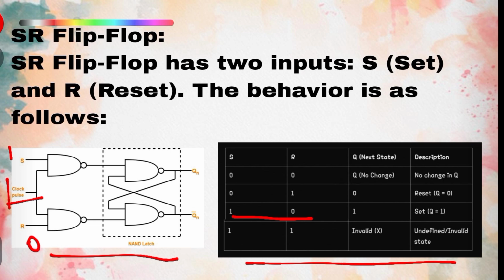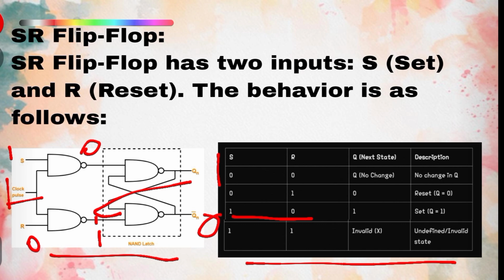For the NAND gate, both inputs are 1, so the output will be 0. For this NAND gate, one input is 0, so obviously the output will be 1. This one goes as input to the other gate, 1 and 1, so it becomes 0.